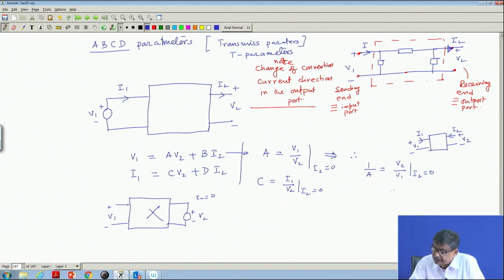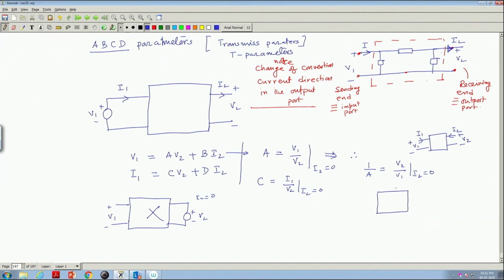So, you take this two port network, excite it with V1 voltage with I2 equal to 0, open circuit the other port, measure this voltage and take the ratio of V2 by V1. It will not give you A, but the reciprocal of A. But anyway, once I know it, A can be found out.